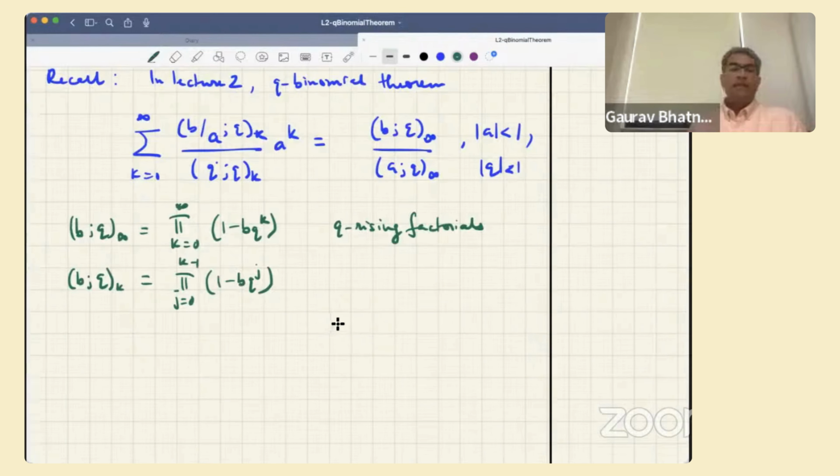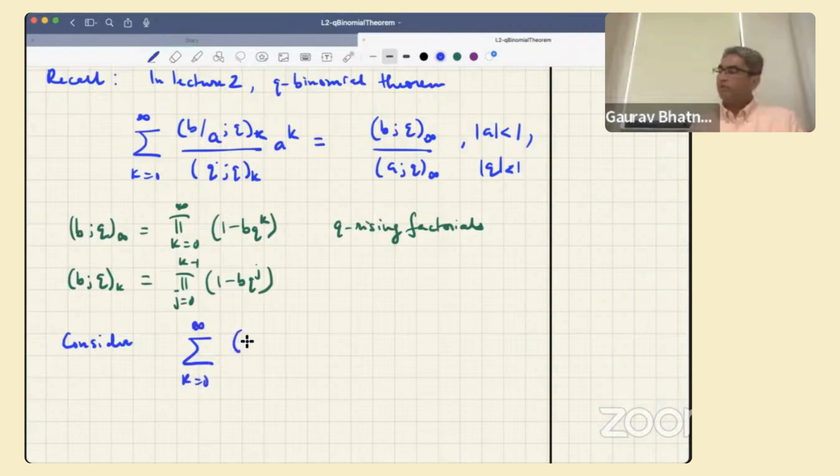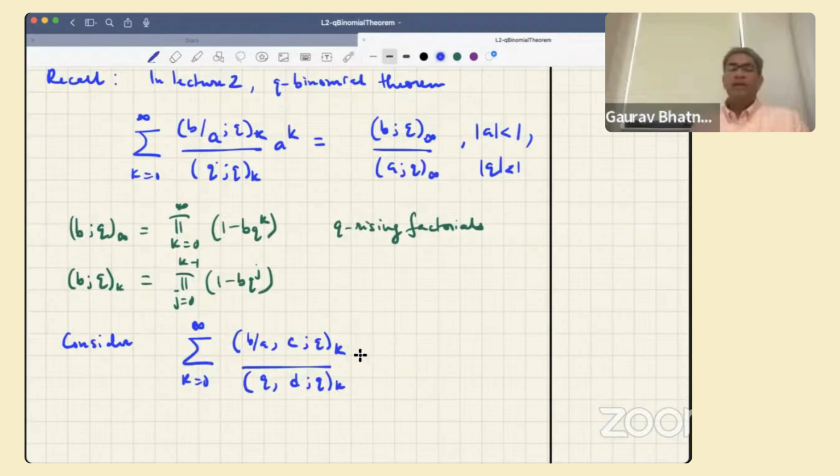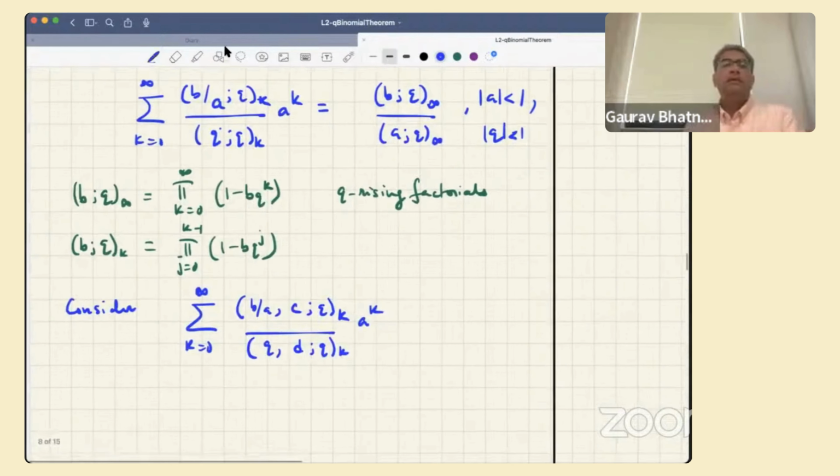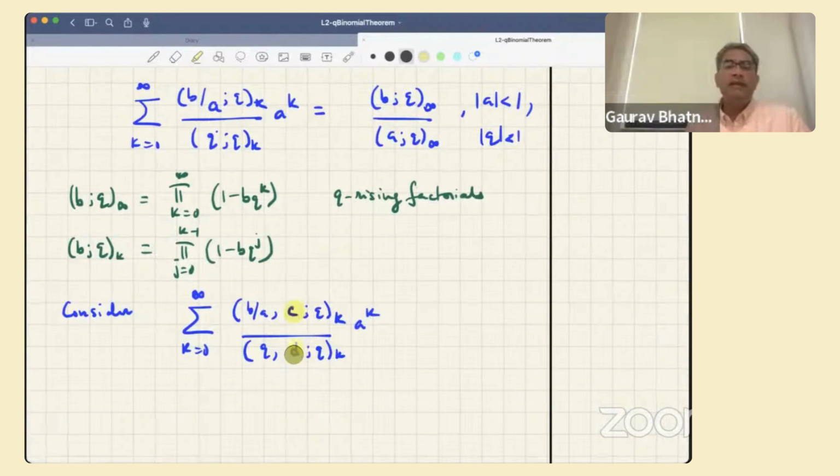So instead of this series, we consider a slightly more complicated sum. Consider this sum, k going from 0 to infinity, where b over a is there, and then add a parameter here, and add a parameter here, and a to the k.